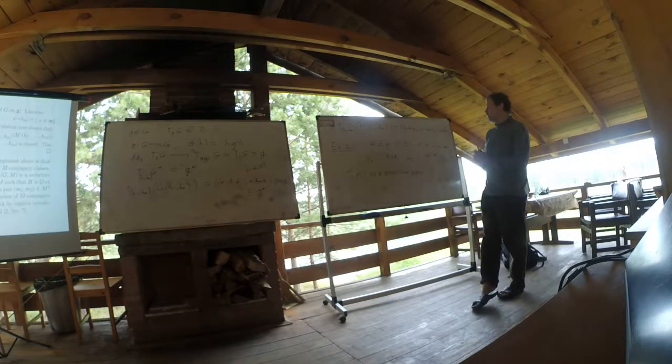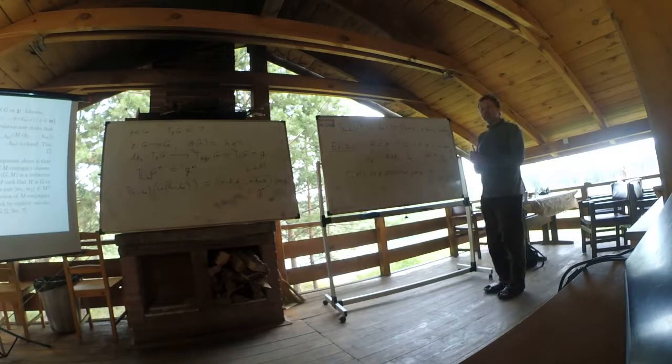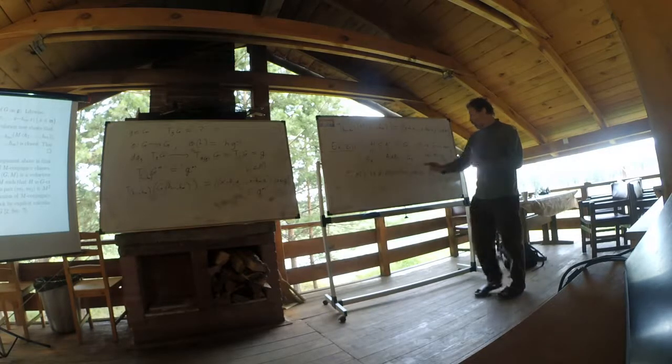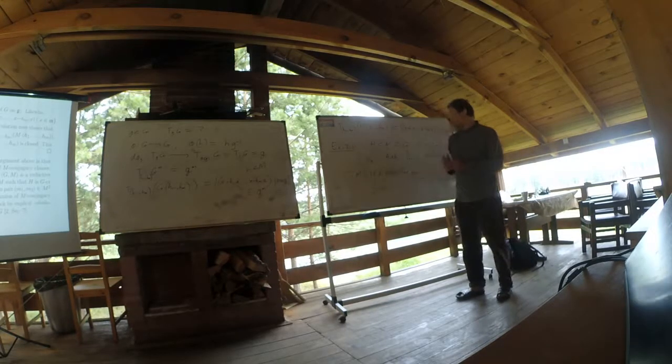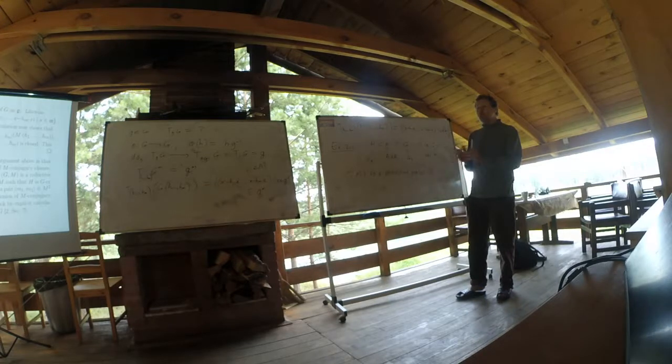Okay? Why does this not violate the theorem? Well, of course it doesn't violate the theorem, it's the theorem. The reason is that the hypotheses of the theorem are not satisfied. One of the hypotheses of the theorem is satisfied, this one. So the other one must be false.